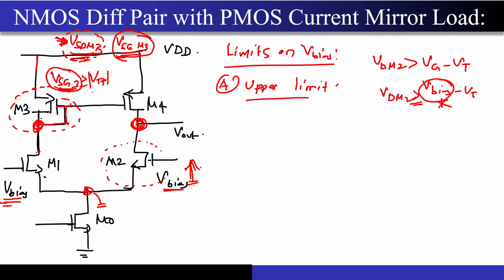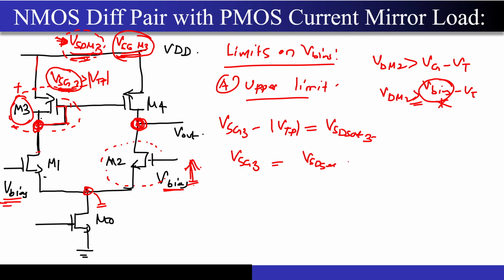Only then the MOSFET will be on, and when the MOSFET is on, I am ensured that this MOSFET will be in saturation. But along with that, the way we design it, we usually keep some headroom across this MOSFET as well, correct? So VSG3 minus mod VTP is VSD sat of 3. So VSG3 is VSD sat plus mod VTP, correct?